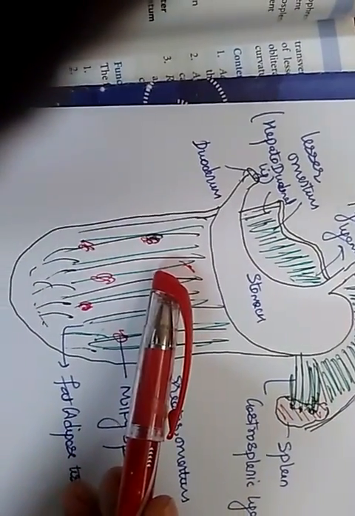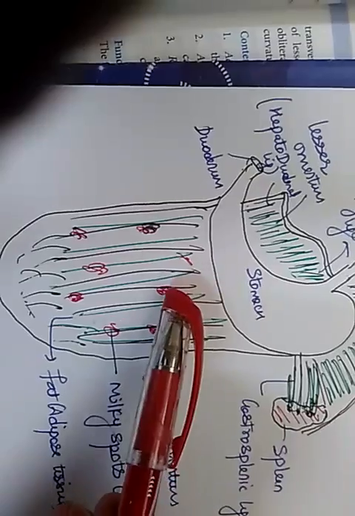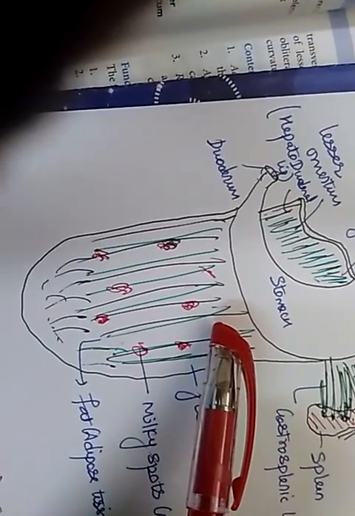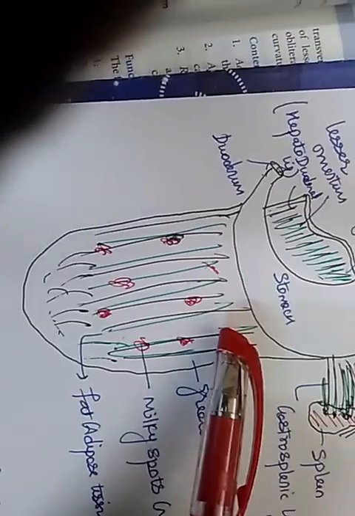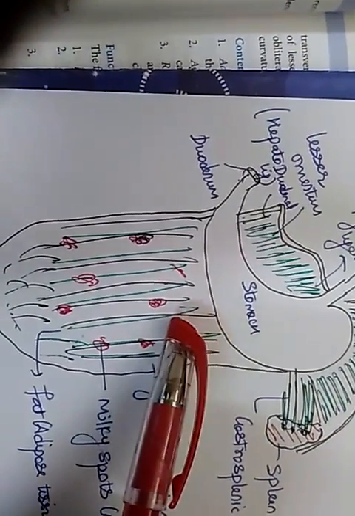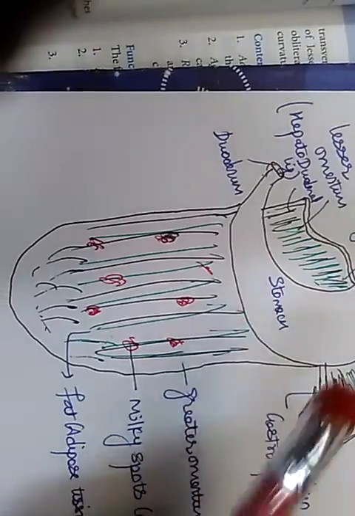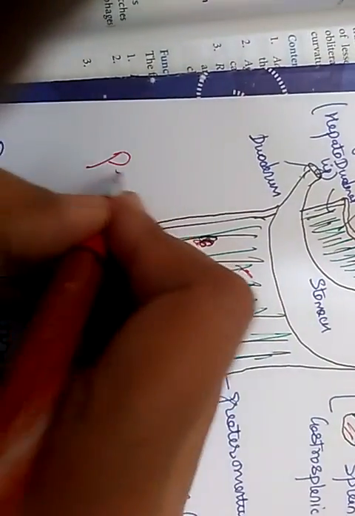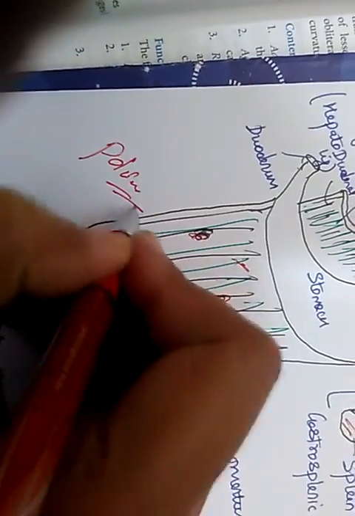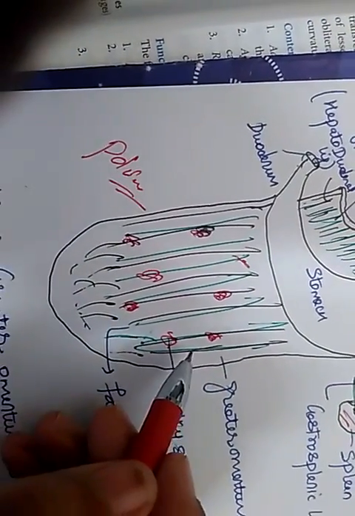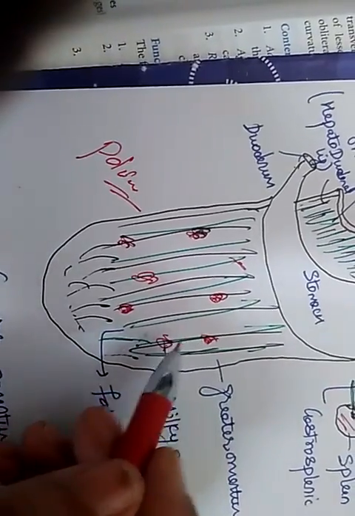This greater omentum is made up of 4 layers of peritoneum which are fused together to form a fenestrated membrane. Greater omentum is also called the policeman of the duodenum, as it contains the milky spots containing macrophages, and also it contains adipose tissue.